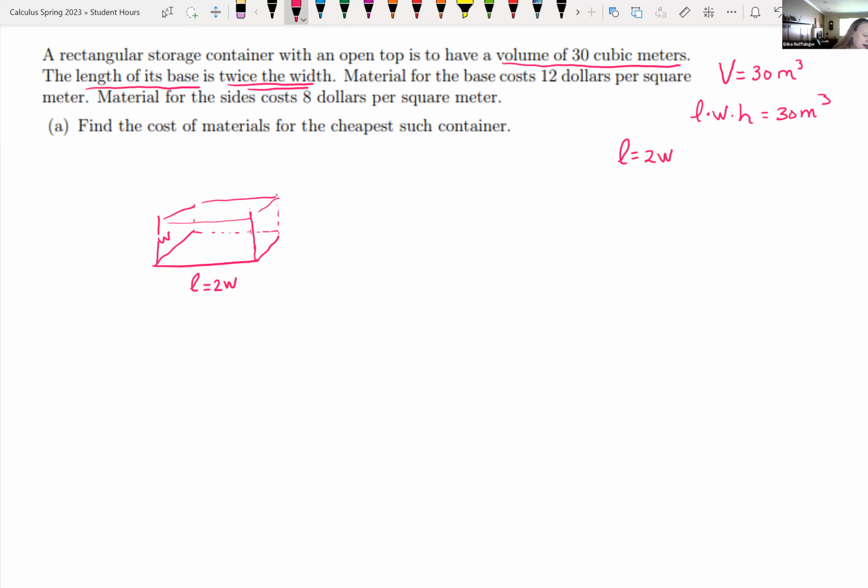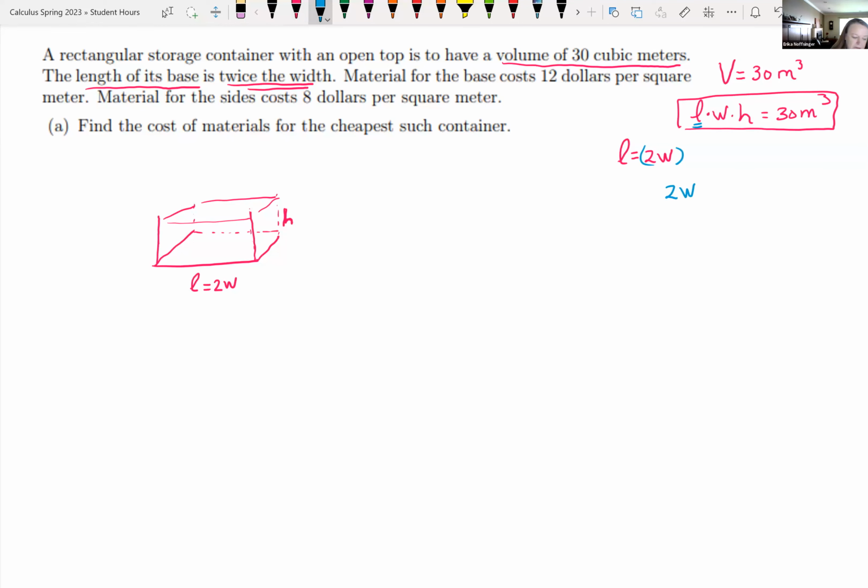And then we have our height. Okay, so if I go back in here and I plug in what we know for my volume, I have length, which is the same thing as 2W. So I'm going to plug in 2W.